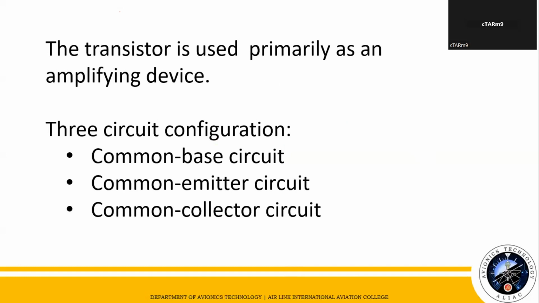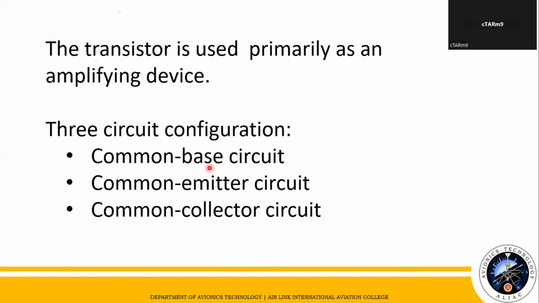However, there is more than one way of achieving this amplification. The transistor can be connected into three different circuit configurations. In each configuration, one of the transistor's leads serves as a common reference point and the other leads serve as input and output connections. Each configuration can be constructed using either NPN or PNP.